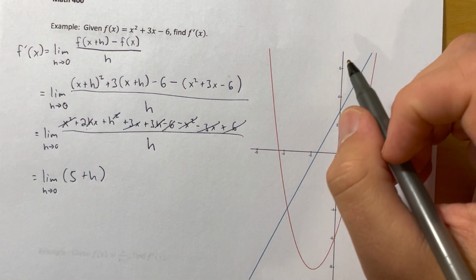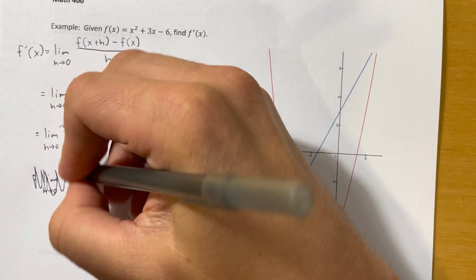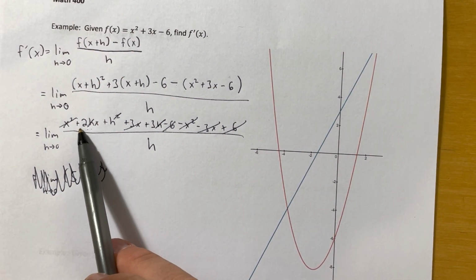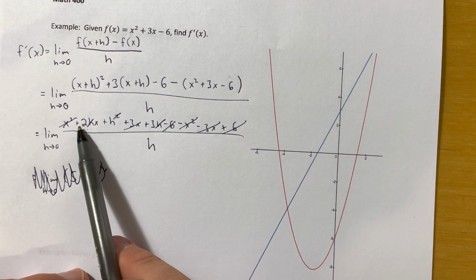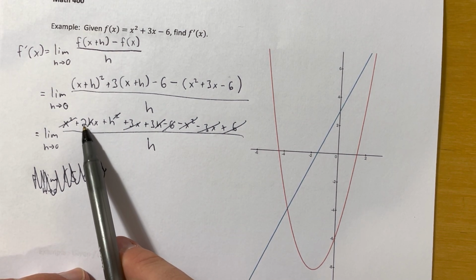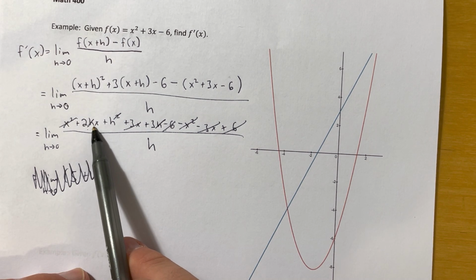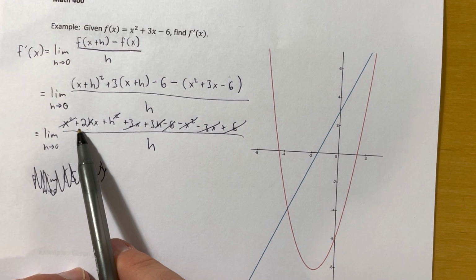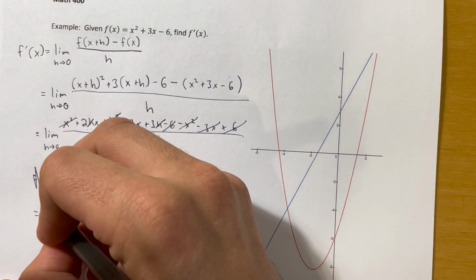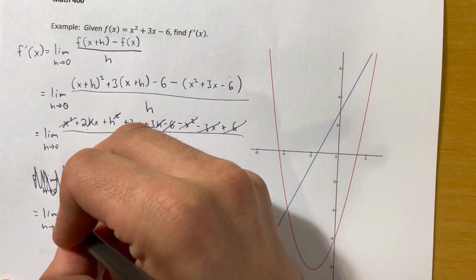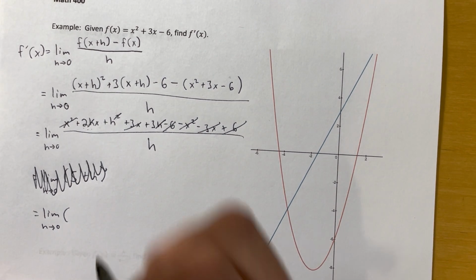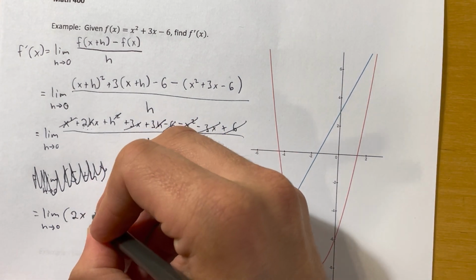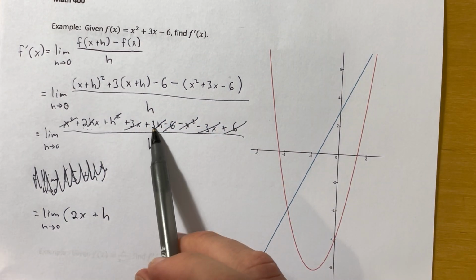I'm sorry. I jumped the gun a little bit there. I didn't see my own handwriting here. Let's be careful with this. So this is not plus 2h, it's plus 2hx. I forgot about my x there. So actually what I have is the limit as h approaches 0 of 2x plus h plus 3.